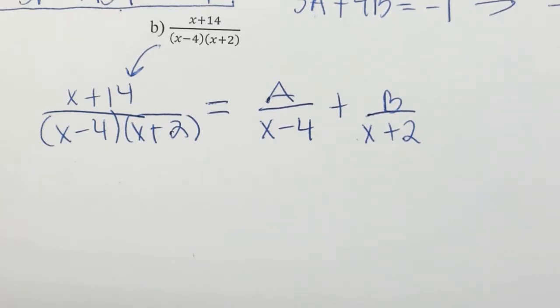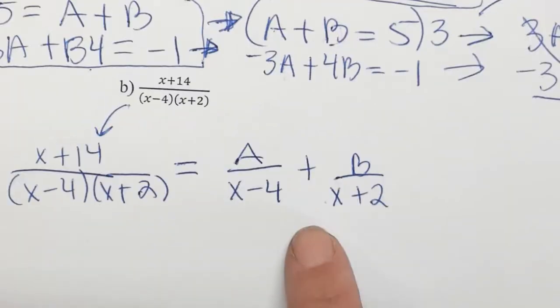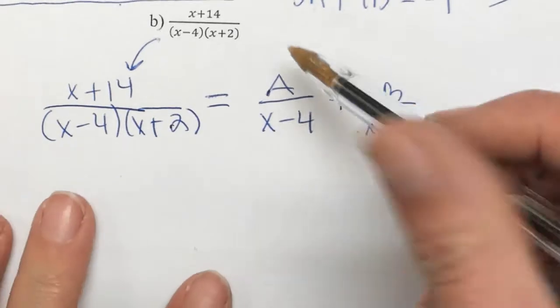Yes, go ahead. I'm probably about to get ahead of you, but you said we set the top to the left side, and then we put a first coefficient in the denominator, and then b the other one. Then we add them. So we do a times x minus 4 plus b times x plus 2. Then we set it equal to the top. Almost. You cross multiply.